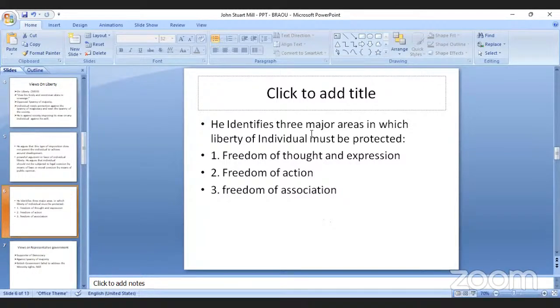First, freedom of thought and expression, second, freedom of action, and third, freedom of association. So these three concepts are majorly important for J.S. Mill. These three will lead to the development of the individual.